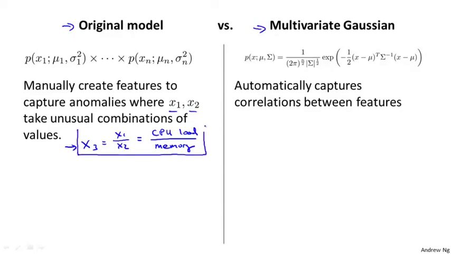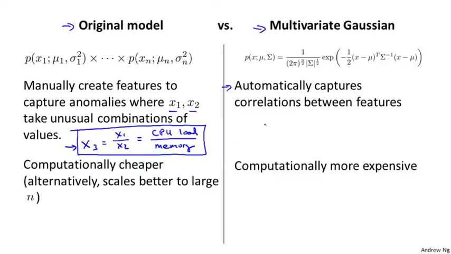But if you're willing to spend the time to manually create an extra feature like this, then the original model will work fine. Whereas in contrast, the multivariate Gaussian model can automatically capture correlations between different features. But the original model has some other, maybe more significant advantages too.